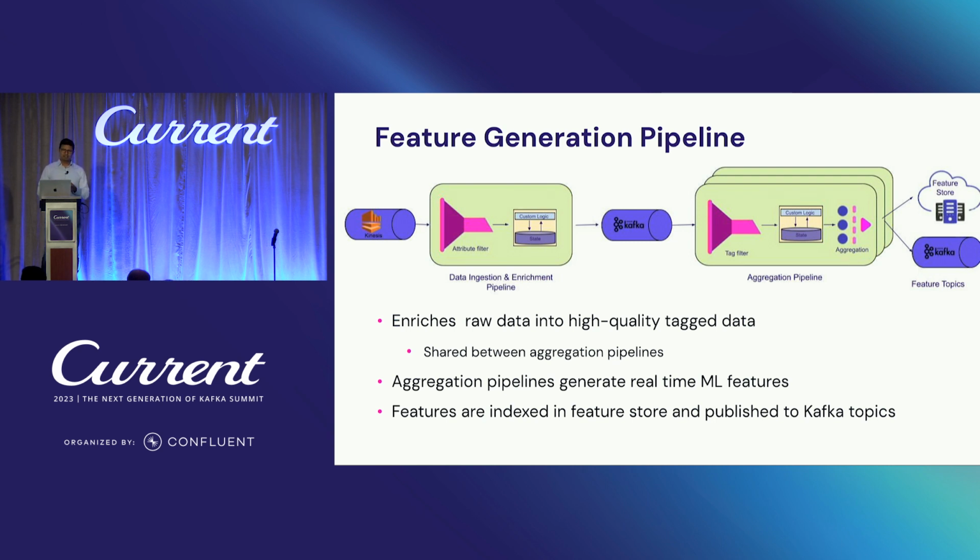Aggregation pipelines are more of a pipeline which has its own custom logic or product logic, generating or aggregating the data and generating data for the model, which is then passed on to either the feature store or a Kafka topic, depending on the use case for the end user or product.